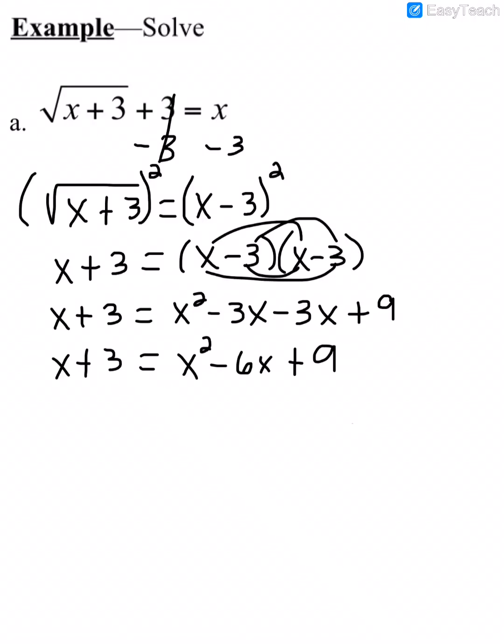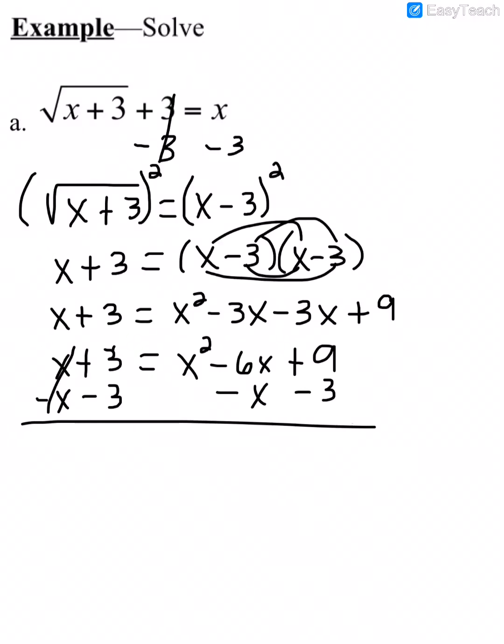So to solve a polynomial equation, we want to get everything on one side in descending order. So I'm going to move this x plus 3 over to the other side. I'm going to subtract x from both sides of the equation, and I'm going to subtract 3 from both sides of the equation. Alright, so I have 0 equals x squared minus 7x plus 6.